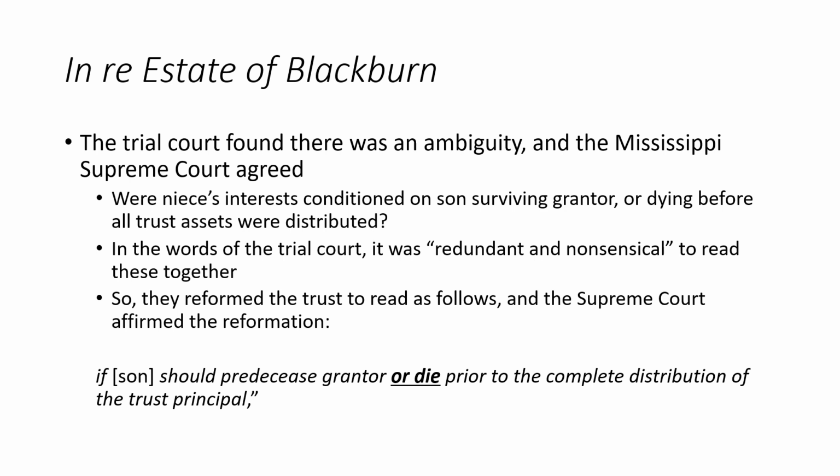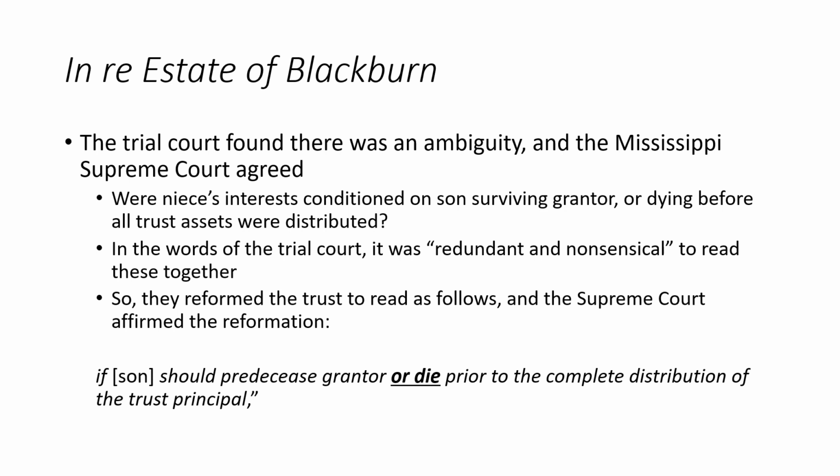So when it says prior to complete distribution, it implies that the son has to die after distribution starts but prior to distribution being completed, but none of those can actually happen unless the son survives the grantor in this case. So saying the son should predecease grantor completely makes this an impossible condition to carry out. And in the words of the trial court, it was redundant and nonsensical to try to read these together.